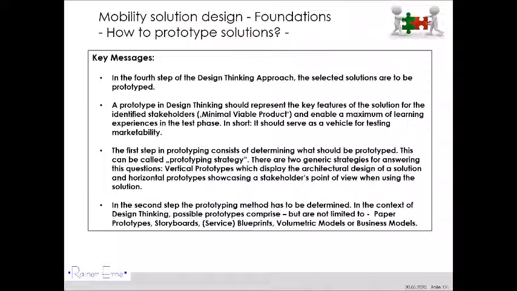So key messages are: a prototype in the design thinking approach should represent the key features of a solution, a kind of minimal viable product. And the main purpose is to enable learning experiences in the test phase.